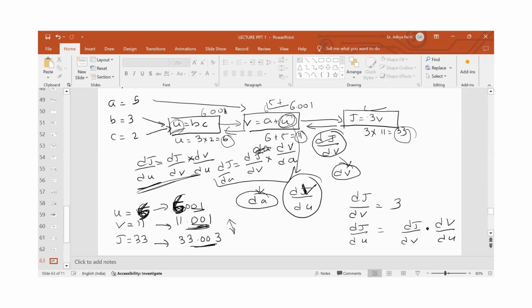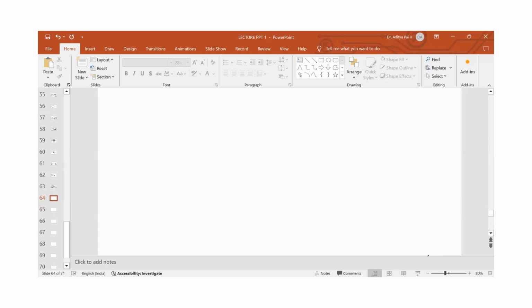Here dj by dv is equal to 3. dv by du, that is changing the value of v with respect to u, is only 1, because from 6.001 to 11.001 there is not much change, so it is nothing but 1. Therefore dj by du is equal to 3. So this is your calculation of the change in j with respect to the u value.